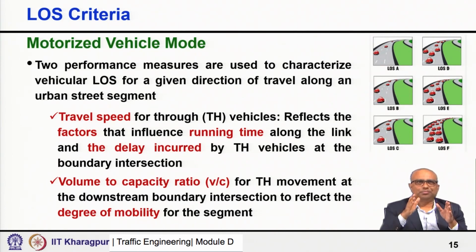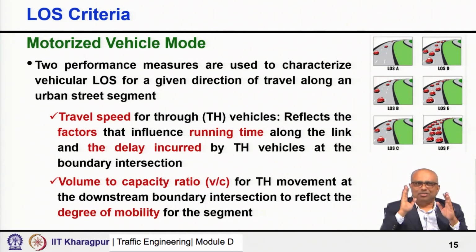To calculate or decide the LOS, there are two predominant performance measures; others are also there, we will discuss later. A few other things may also be considered as possible measures. But when we are saying what is the LOS, we are using two specific performance measures.